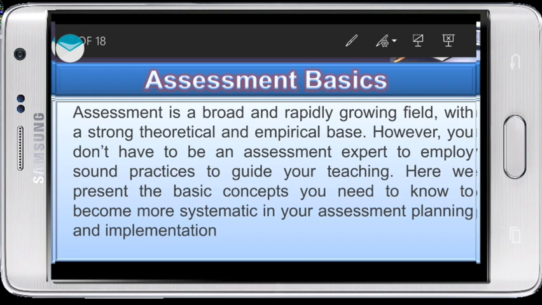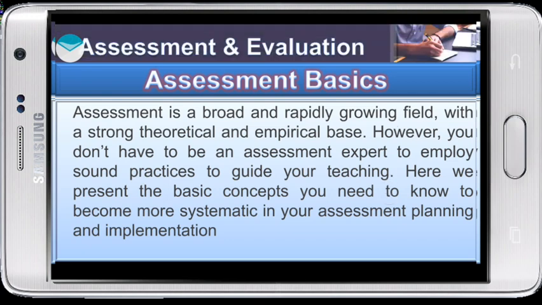What you need to know is what is going to be presented in our presentation today. Here we present the basic concepts you need to know to become more systematic in your assessment planning and implementation. Systematic, that means you know the procedure to assess.